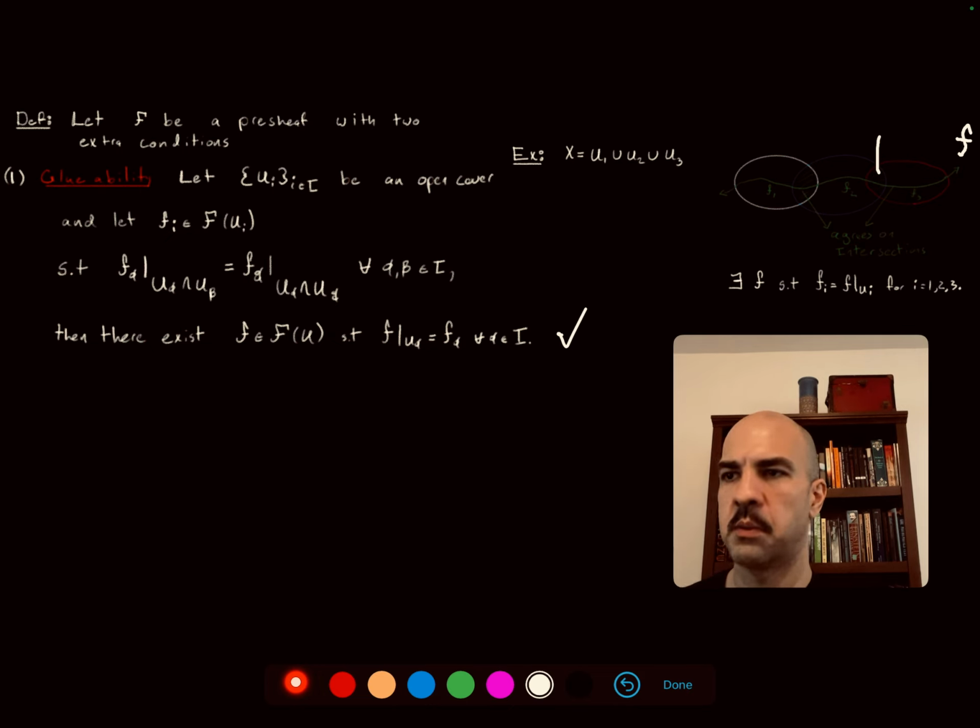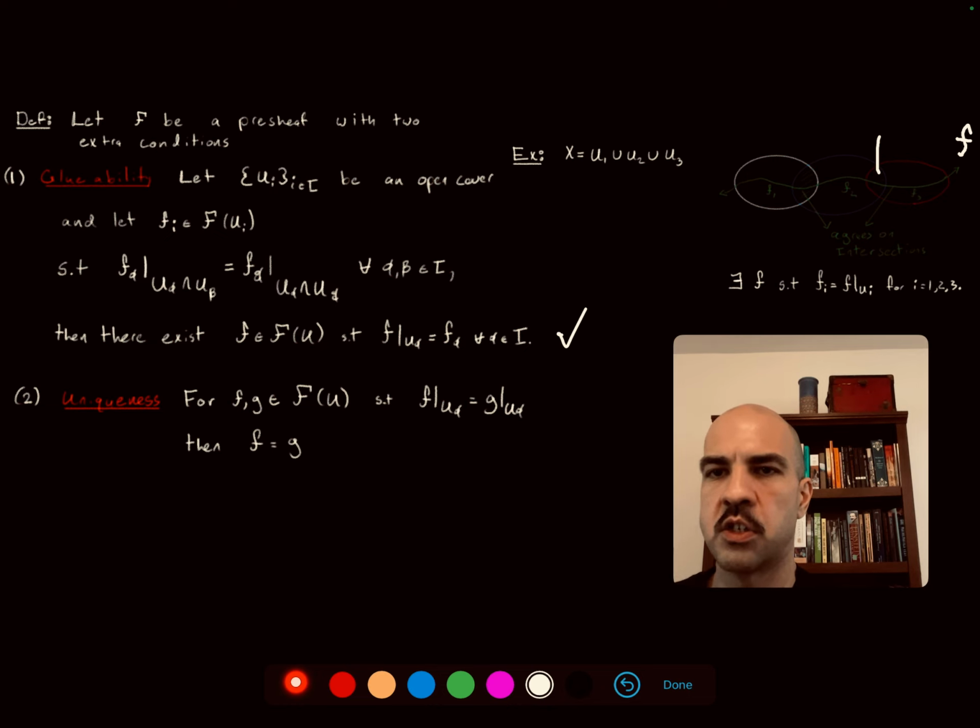And that's the meaning behind the gluability condition. So before with presheaves, we didn't have this condition because we could have just wonky sections that aren't necessarily doing this. But if we look at these restrictions with this gluability condition, we suddenly get more in our sheaf.